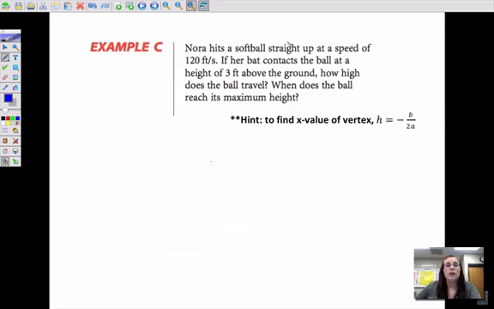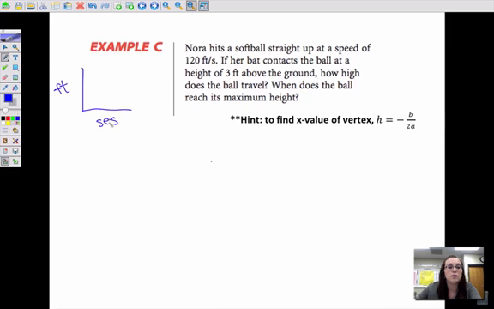Okay, so in this one, Nora hits a softball straight up at a speed of 120 feet per second. If her bat contacts the ball at a height of 3 feet above the ground, how high does the ball travel? When does the ball reach its maximum height? So I find it really helpful to draw a picture of this situation. So I'm looking at seconds here, and this time I'm looking at feet.